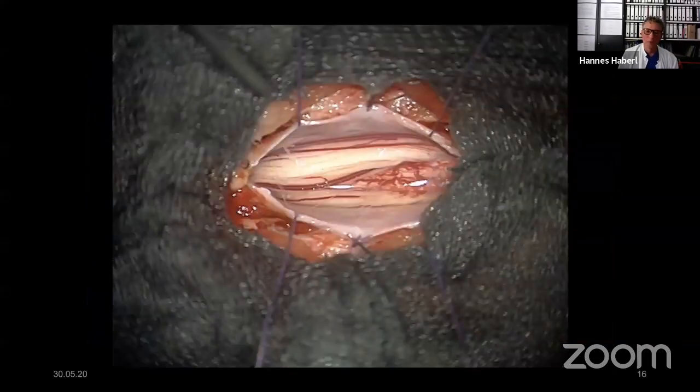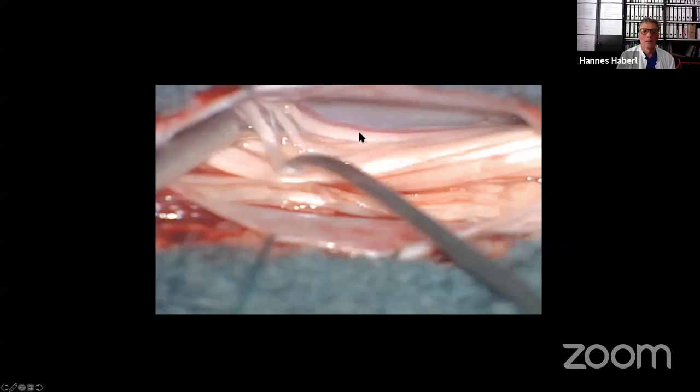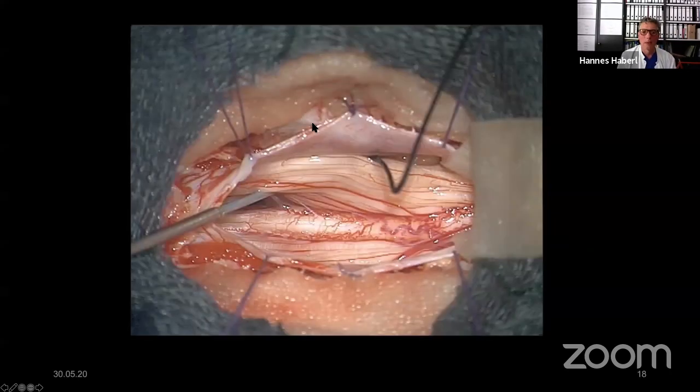And then we open the dura. This is the conus, and you see the cauda equina on both sides. If it is the level L1, this is the root L1 with sensory motor part.